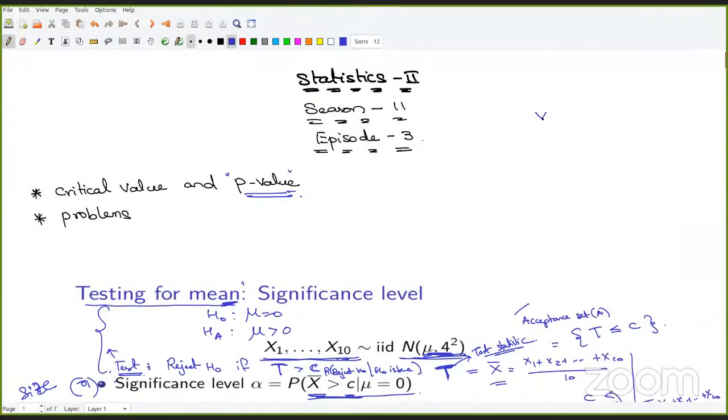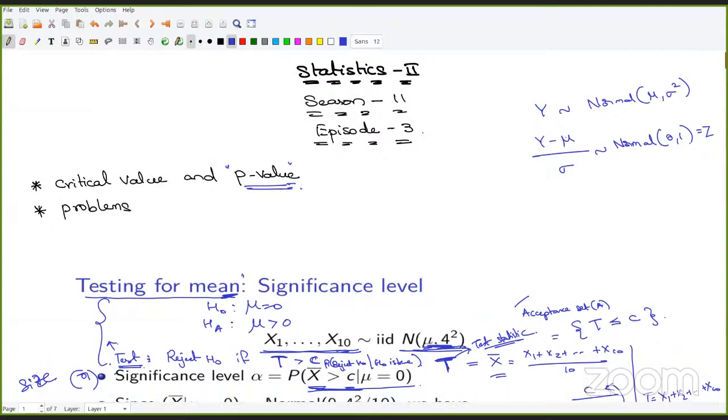If you have some random variable Y which follows normal mu sigma square, then Y minus mu divided by sigma follows normal 0, 1, which is standard normal.